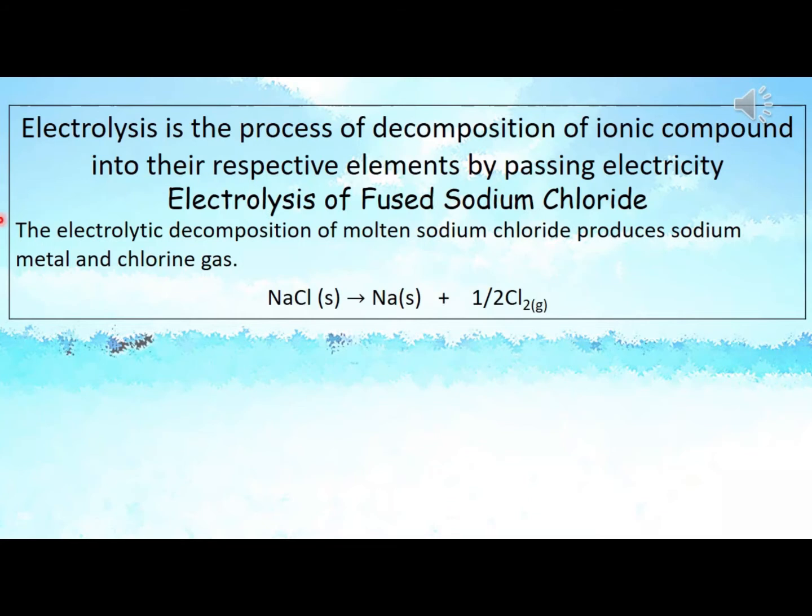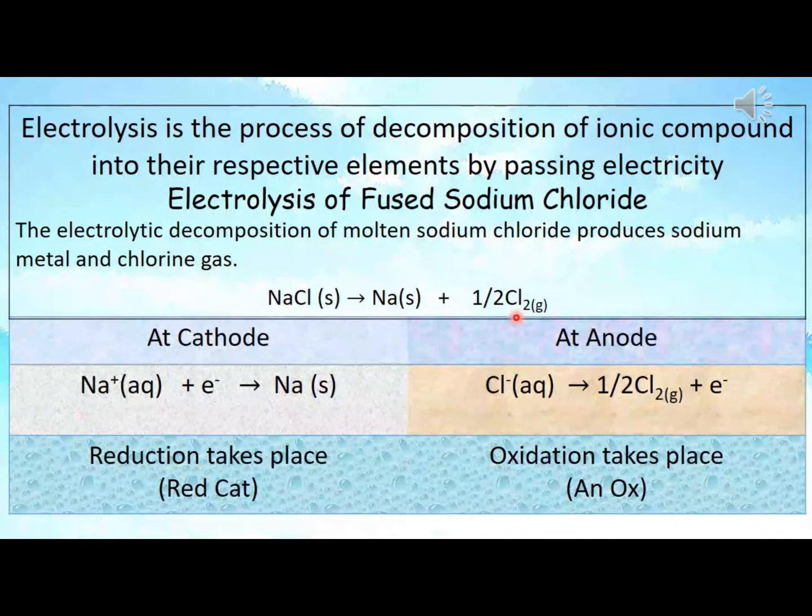When electricity is passed through fused sodium chloride, it gets decomposed into metallic sodium and chlorine gas. At anode, oxidation takes place, and at cathode, reduction takes place.